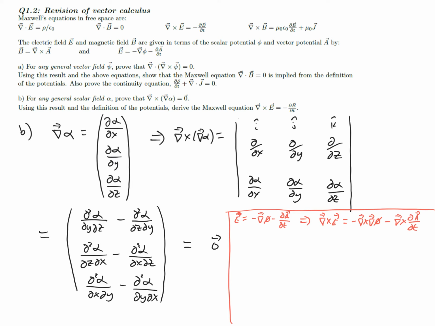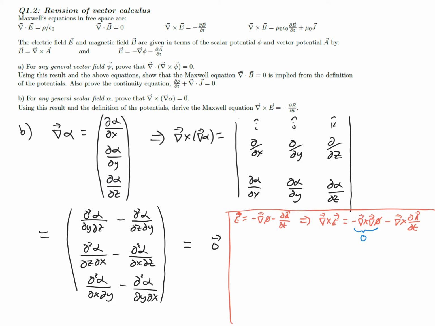Now, we've just been at pains to prove that the curl of the gradient of a scalar field is equal to 0. So it looks like all we're going to have to deal with is the second term, which involves the curl of the time derivative of the vector potential.